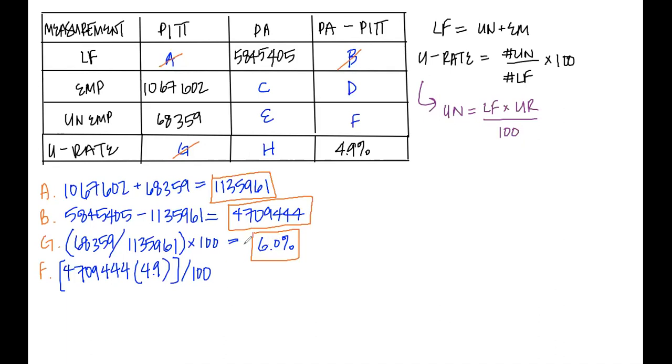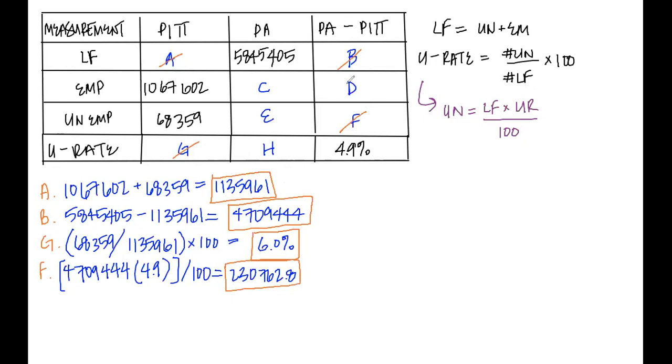We get an unemployment of 230,762.8. And that was F, so I can cross that off.